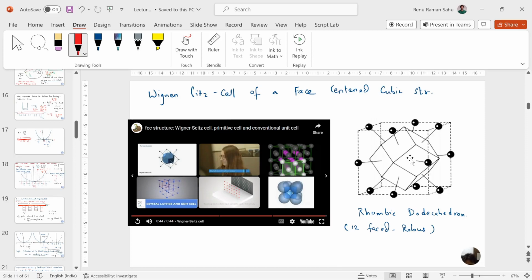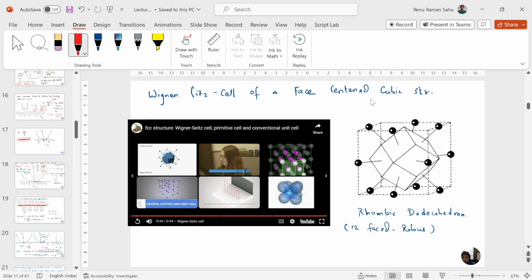The Wigner seed cell is not BCC or FCC. Your lattice is BCC or FCC.